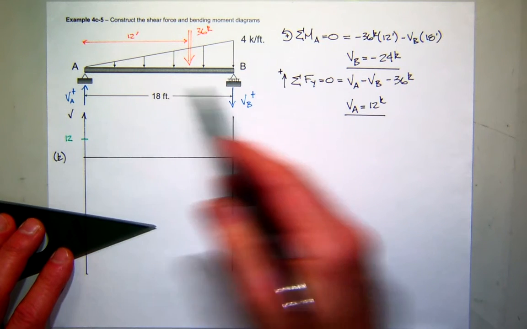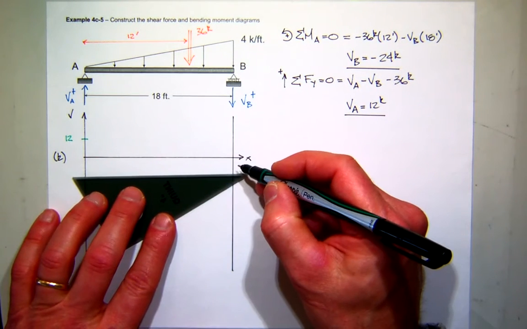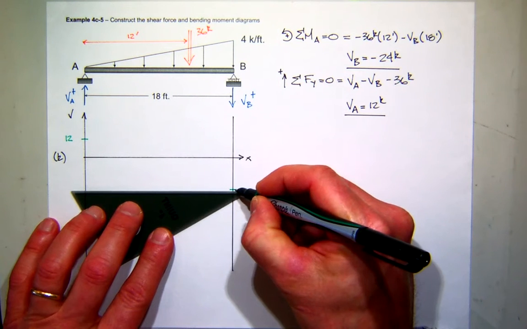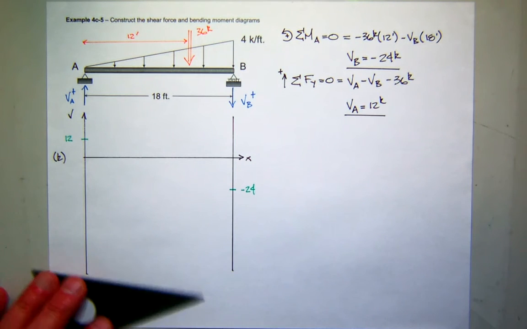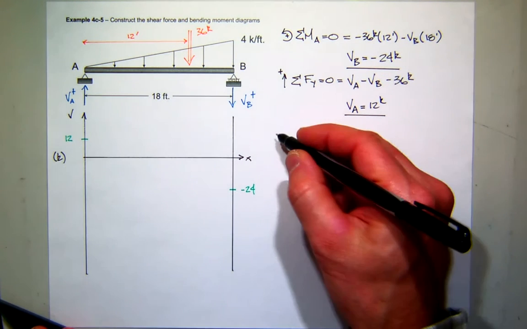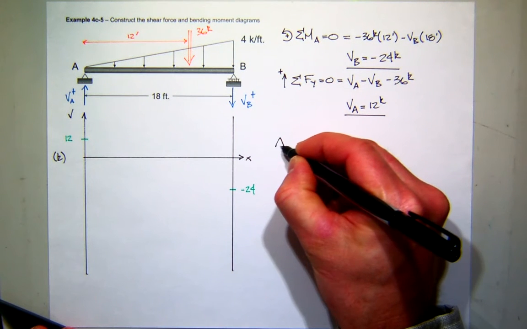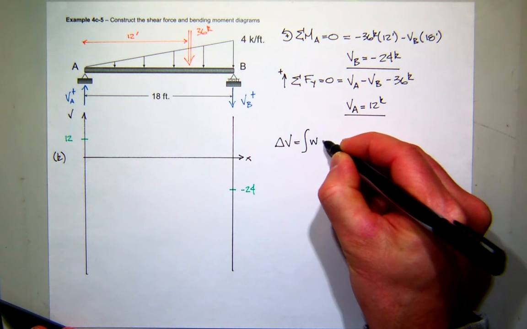And where else do I know the shear? I know the shear at B, and what's the shear at B? Negative 24. So I know where I'm starting and where I should end. So let's look at our two relationships. I know the change in shear is going to be the area under the load diagram.